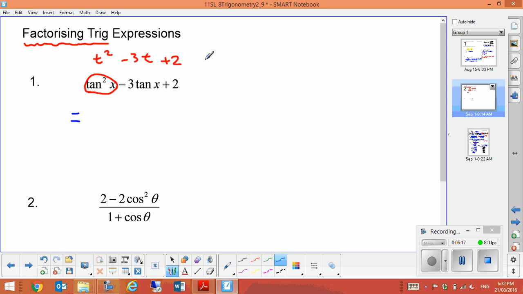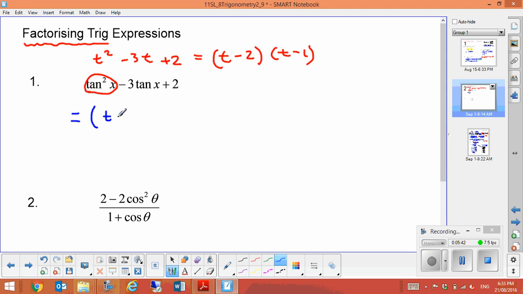So this one, how does that factorise? What multiplies to make plus 2 and adds to make minus 3? That one you should be able to factorise easily into t minus 2, t minus 1. So that means tan x is t.